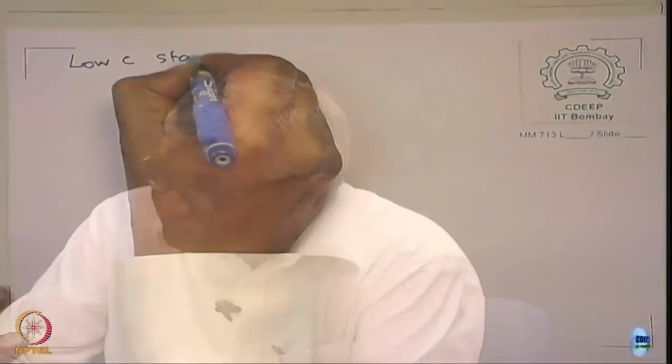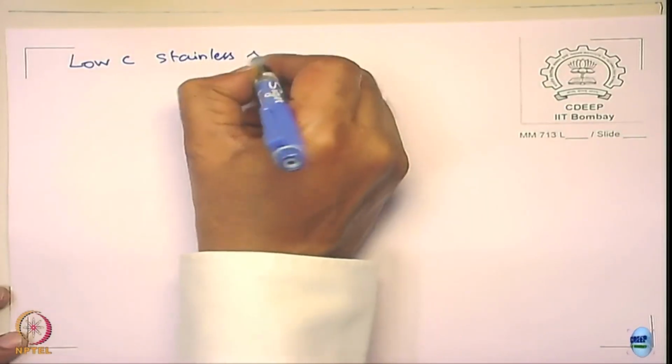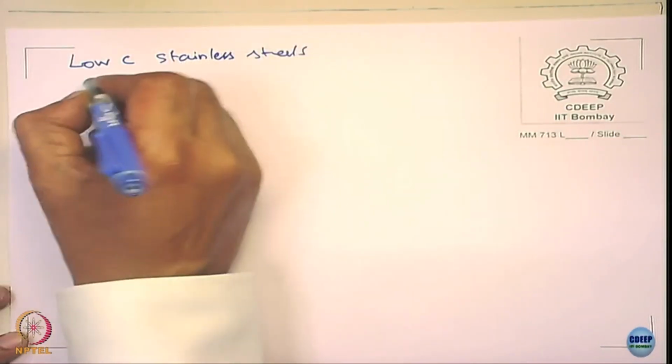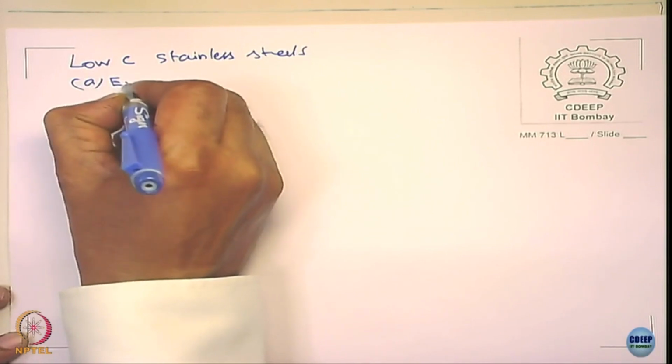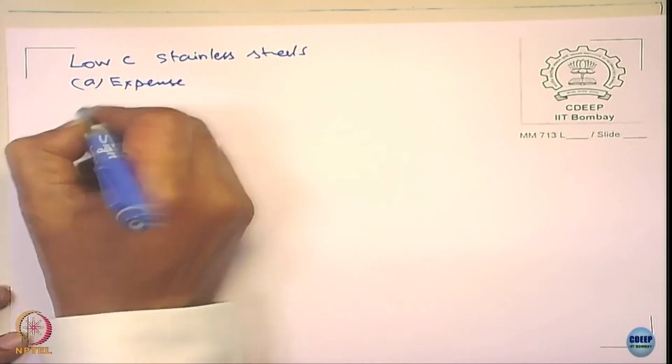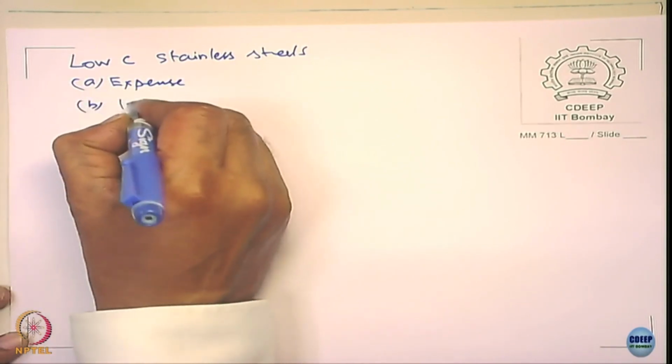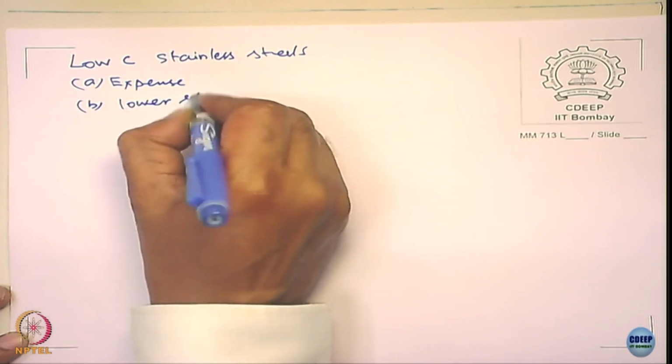There is a problem in removing carbon. What is the problem? Well, of course, making it is expensive, and what is the other one? The strength goes down. So, low carbon stainless steels are expensive and have lower strength.